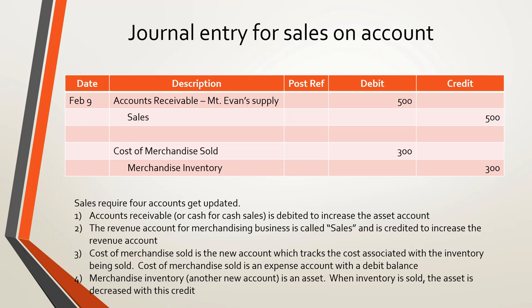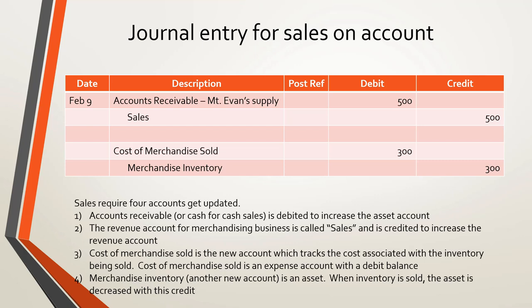If we were receiving cash, we would replace the debit accounts receivable here with our asset account cash. So when a merchandising business records a sale, it requires two different journal entries. One to record the sale and the receipt of either cash or accounts receivable, and two, to update our inventory with the amount that sale cost us when we purchased it.